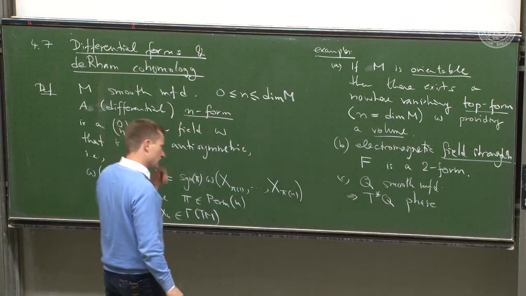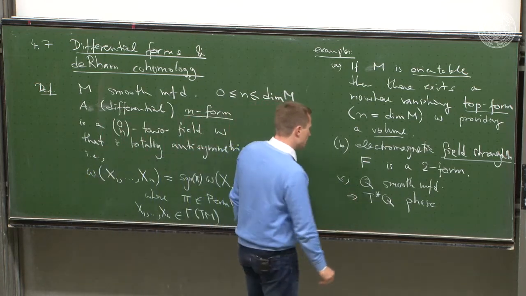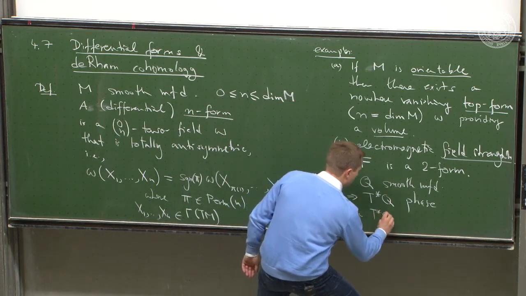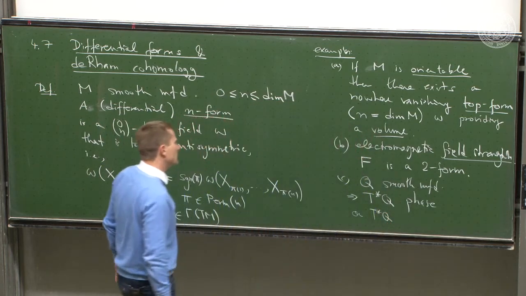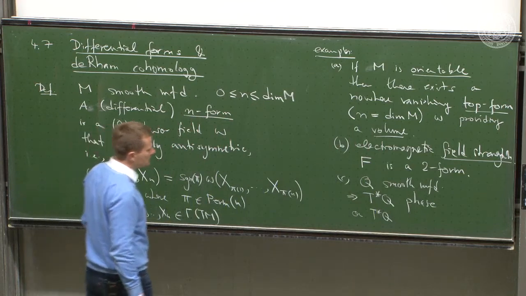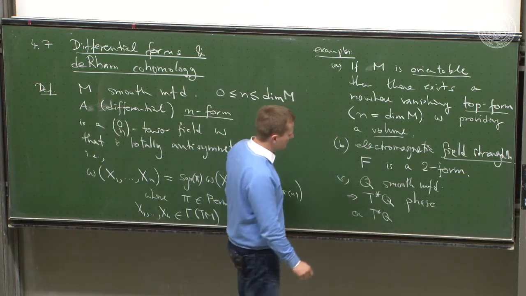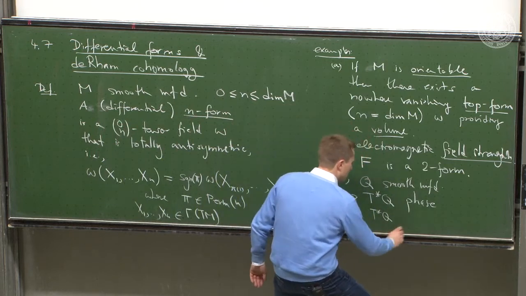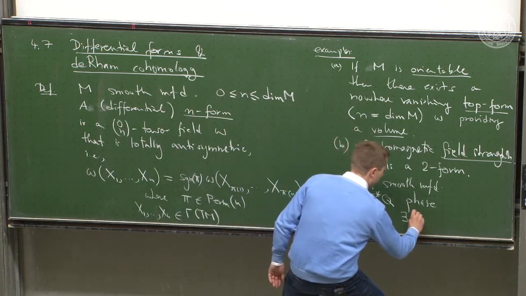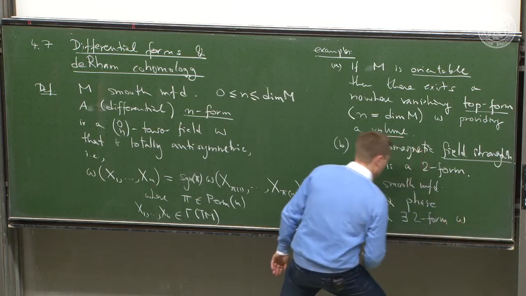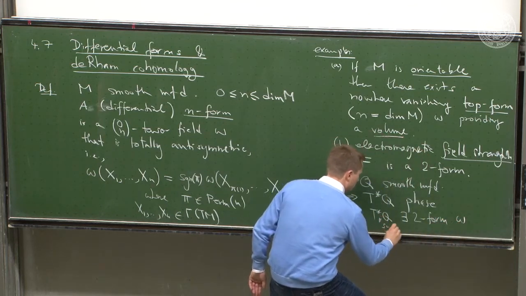So this is the simplest case in classical mechanics. And then on T*Q, there exists even a canonically defined, so you don't need to define this as extra structure, it's already there, 2-form omega, which is called the symplectic form.